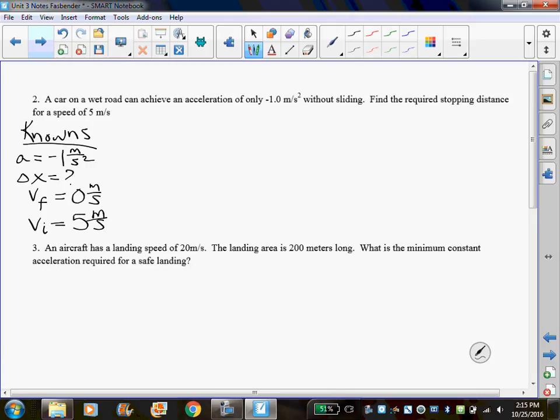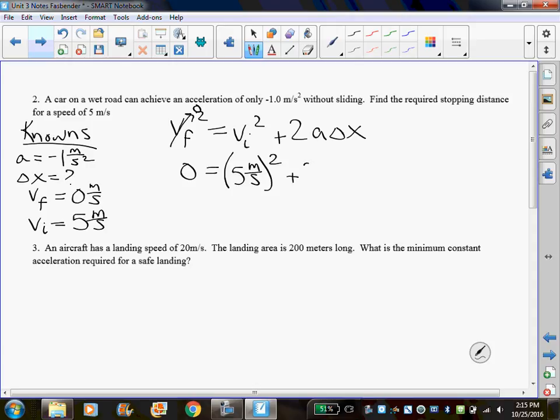So this one's pretty easy because we don't know the time, and not knowing the time is a clear indication to us that we need to use the equation that does not have time in it. Vf squared equals vi squared plus 2a delta x. So our final velocity was 0, so this becomes 0 equals 5 meters per second squared plus 2 times -1 meters per second squared times delta x.